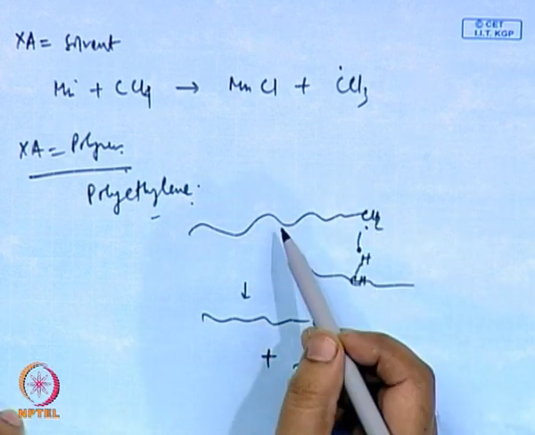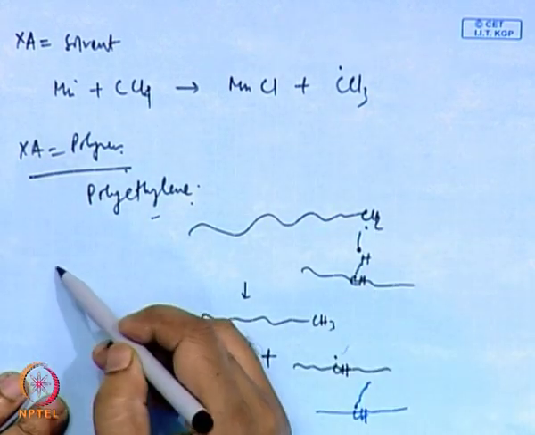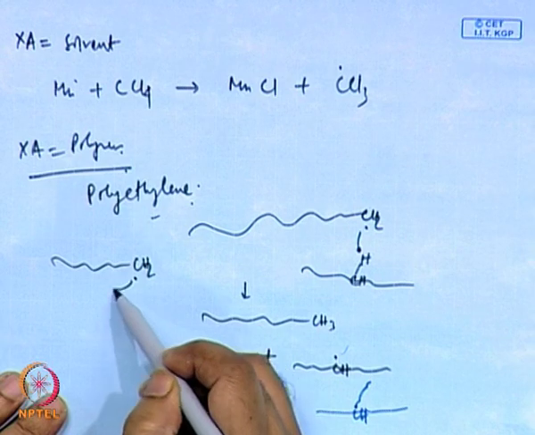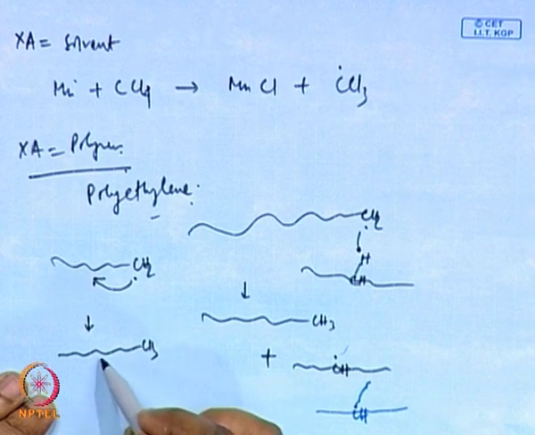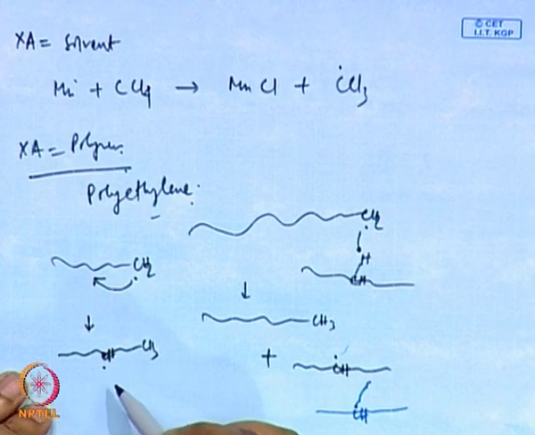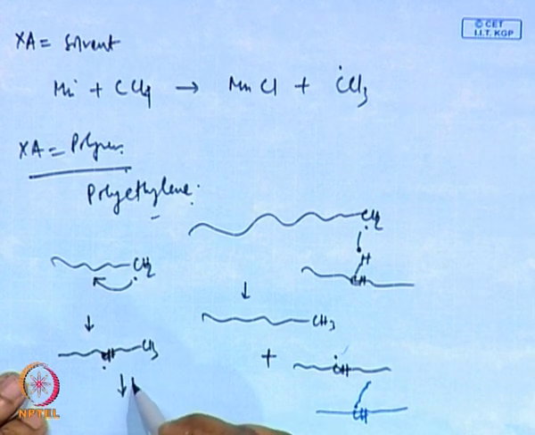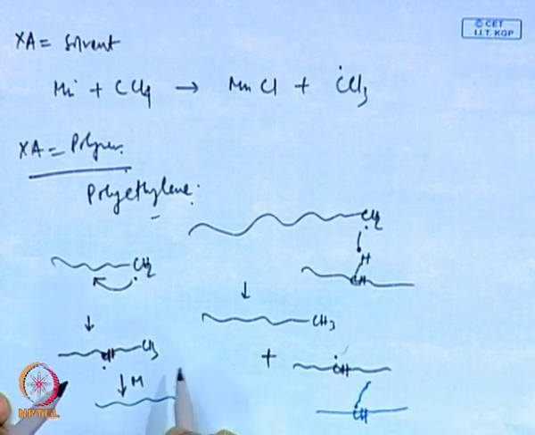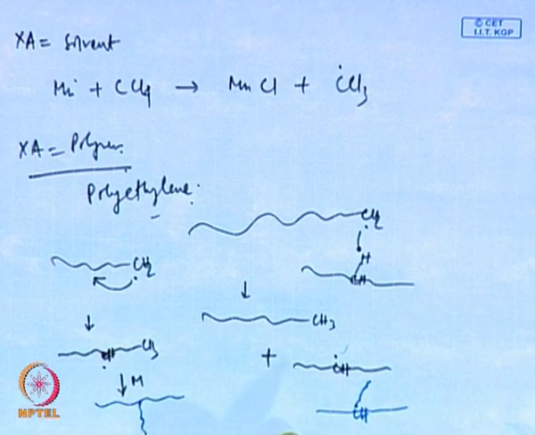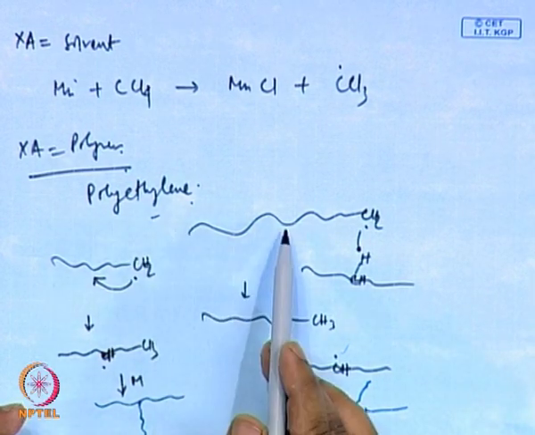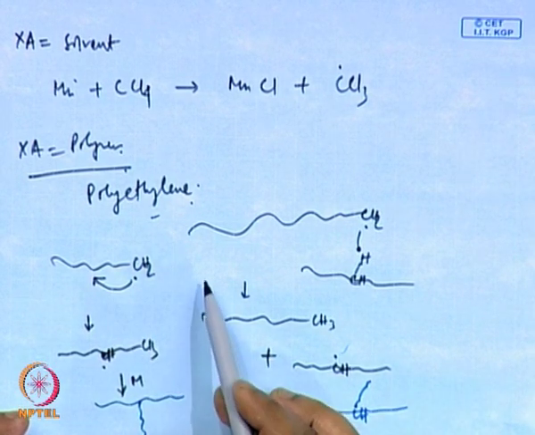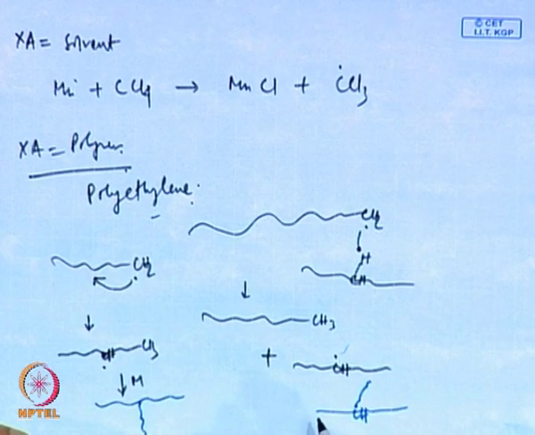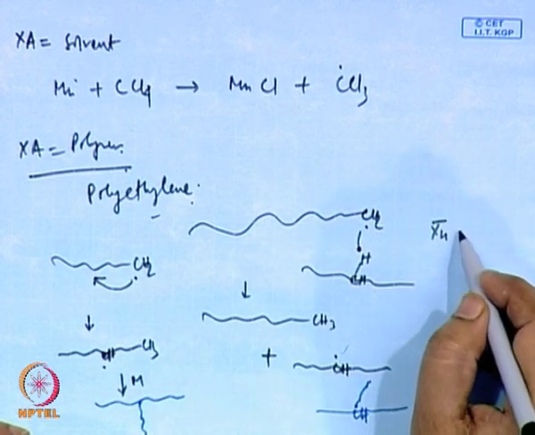Similarly, this can backbite and abstract one hydrogen from here, producing CH3 and a CH dot here. Now, this can react with monomer, giving branches. So, in this case, if the chain transfer happens with another polymer molecule, the two things happening are, one, you are getting branches, and another important thing particularly for this case is that Xn bar does not change here.